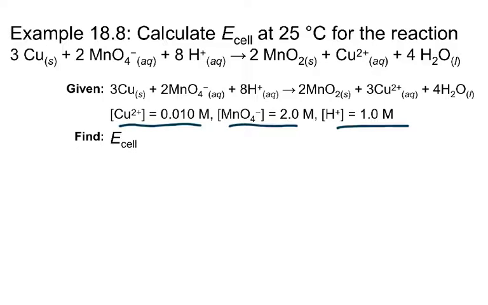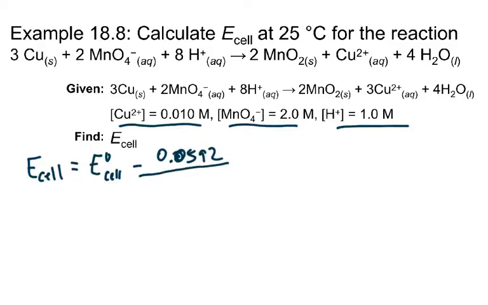So from the previous slide, we know that our cell potential is the cell potential under standard conditions minus 0.0592 over n, log of Q. Then our Q in this case is going to be our products, which is in our common state, so just our aqueous ones.